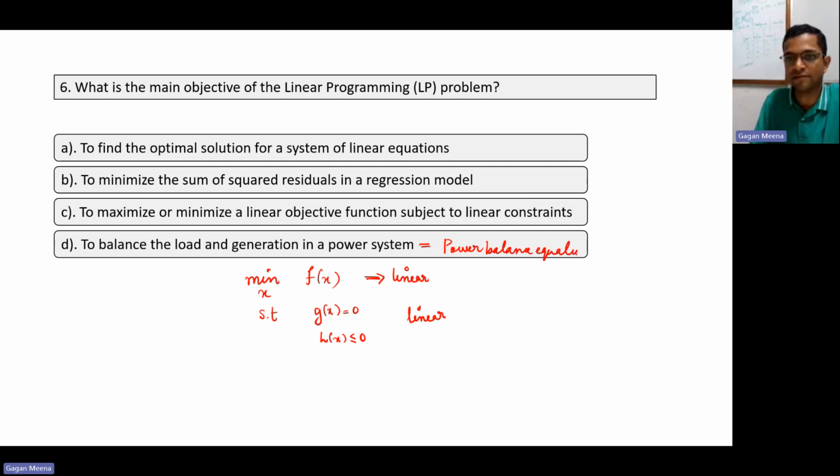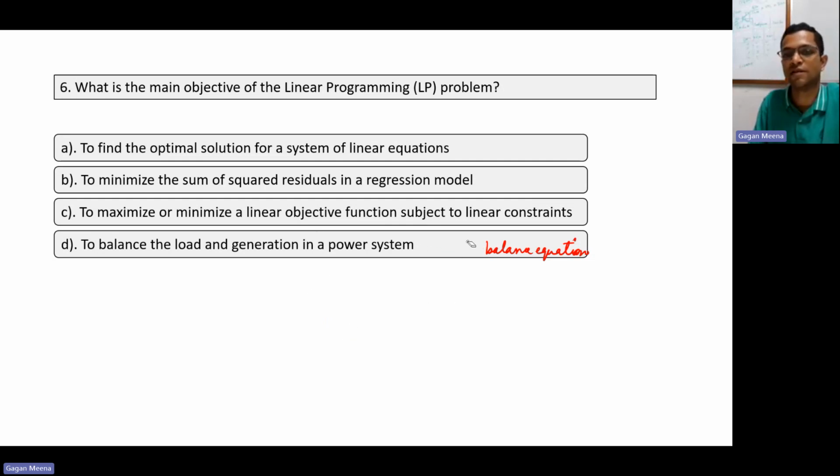And there are many things in action which help us achieve this balance of load and generation in a power system. Yes, optimization is involved, but control is also involved. Optimization will only give us an economic point, but the control will ensure that this is achieved.